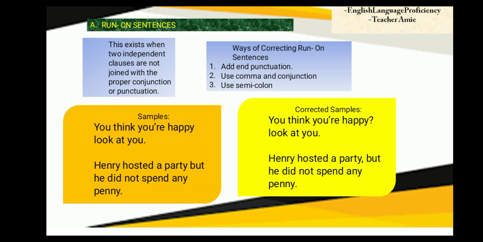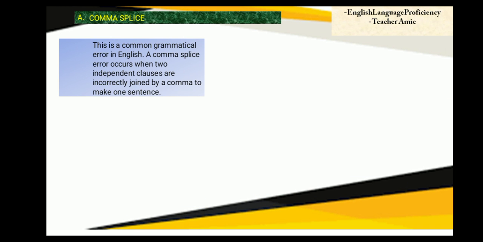Next one is, Henry hosted a party, but he did not spend any penny. So, yung two independent clauses, they are still joined, but of course with a comma. Next, comma splice.